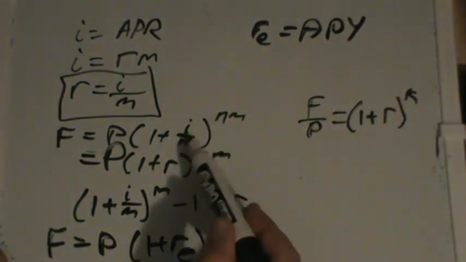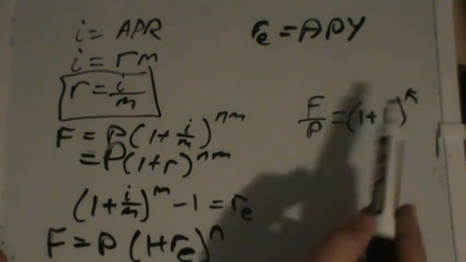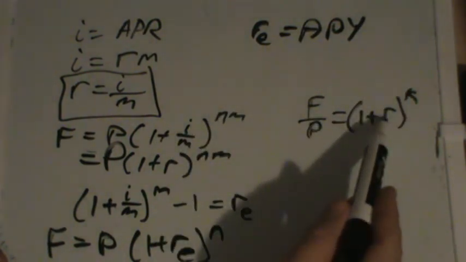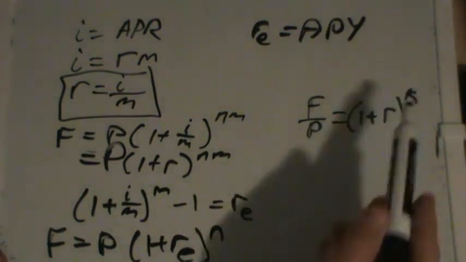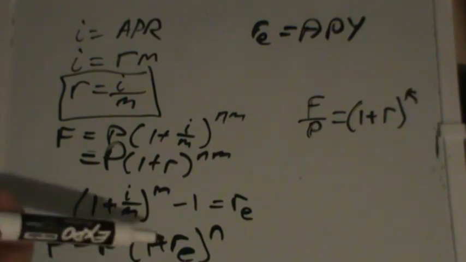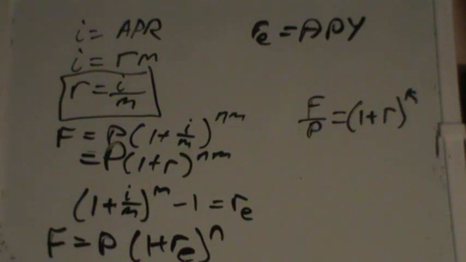So if you're using I over m, then your k will be nm. If you're using RE for the rate, then k will be n. So you can handle that as you want. It's going to be one of those two terms, depending on the period you want to use. It'll give you the same answer because that's how we calculate RE.